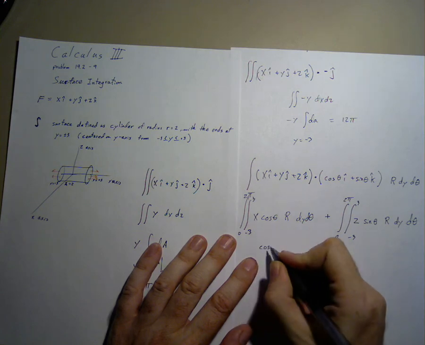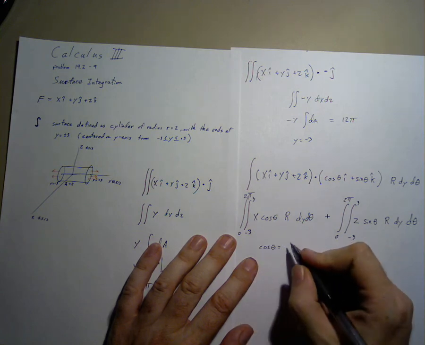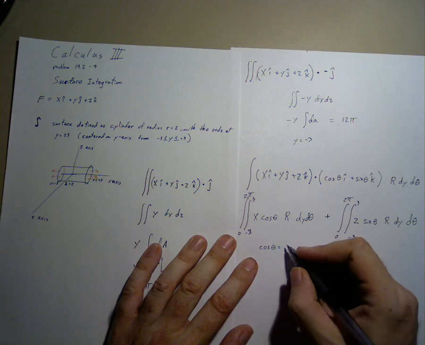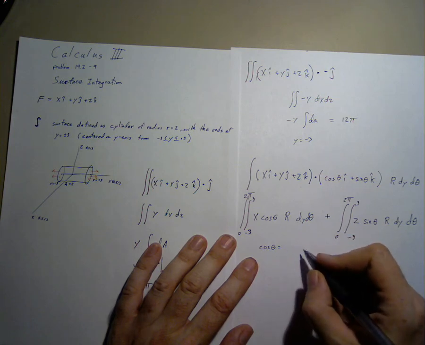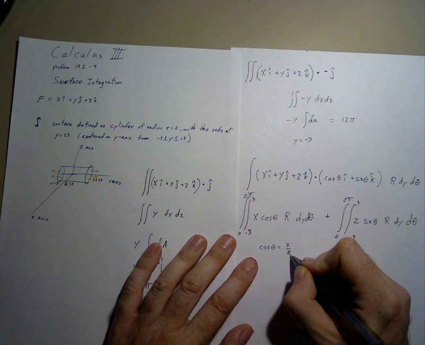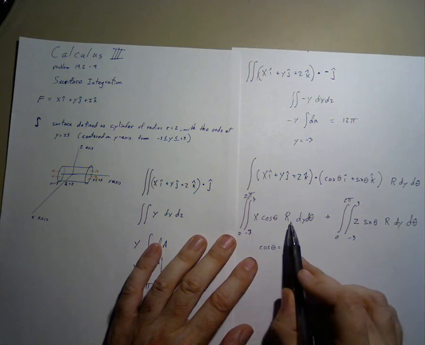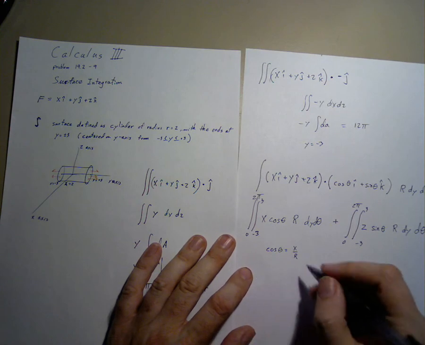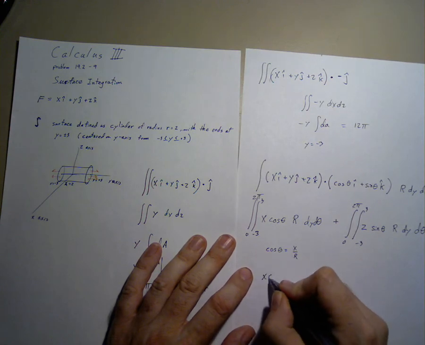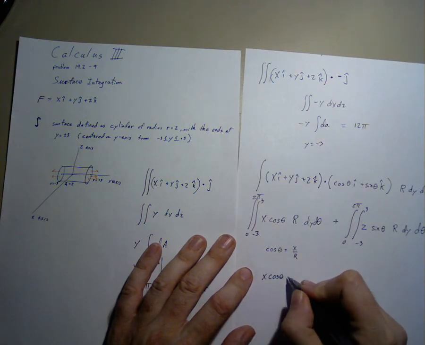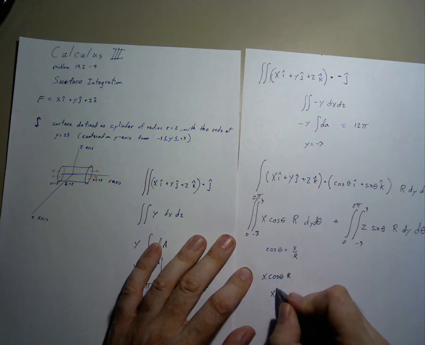So we'll write cosine theta as x over r, in which case x cosine theta r becomes x squared.